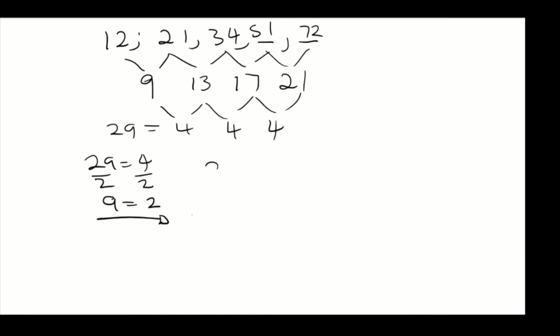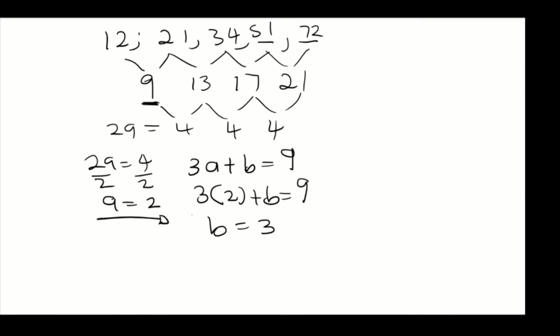Then to find b, we say 3a plus b is equal to the first term of the first difference, which is 9. We know a is equal to 2, so 6 plus b is equal to 9. Then b should be equal to 3 if we transpose the 6 to the other side: 9 minus 6.